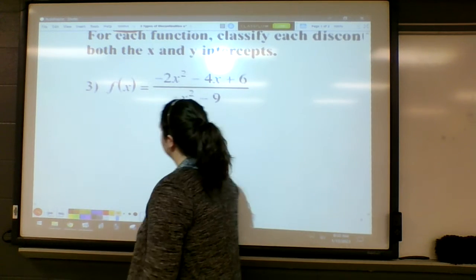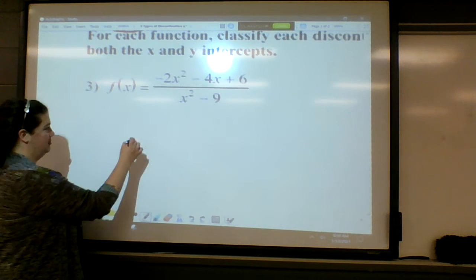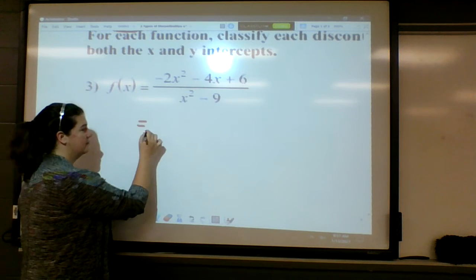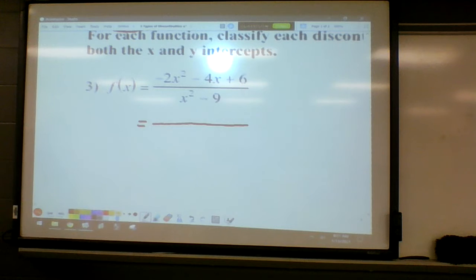All right, so here's number 3. We're going to find all the discontinuities and we're going to classify them as what they are. You ready? All right, so to start off, we're going to have to do some factoring, right? If the denominator is equal to 0, then it is a discontinuity, right?